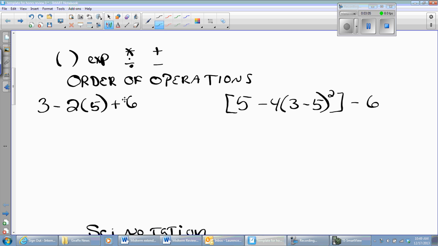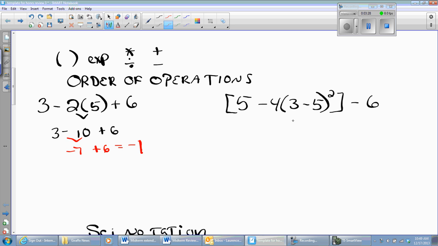I don't see any exponents, so I'm going to do this multiplication here. So I'm going to get 3 minus 2 times 5 is 10 plus 6. Now, going from left to right, I can say that this is -7 plus 6 is -1, and there is my answer, -1. All right, moving on to problem number 2.